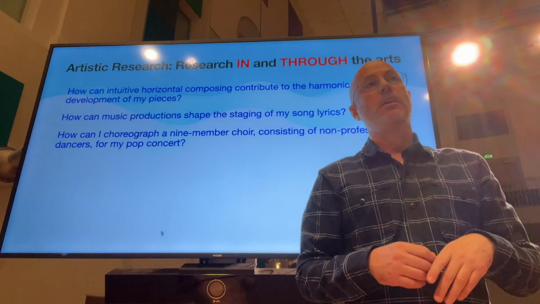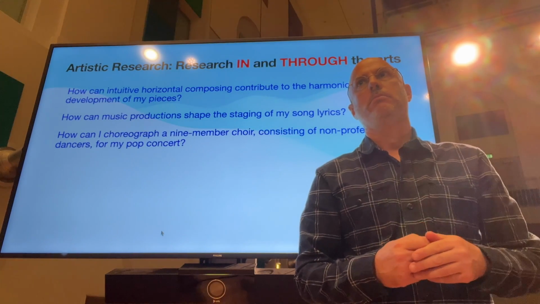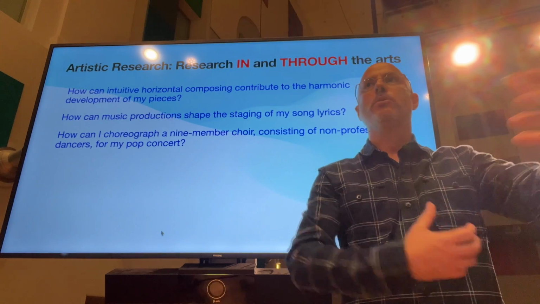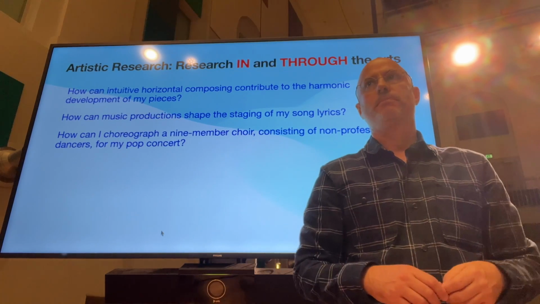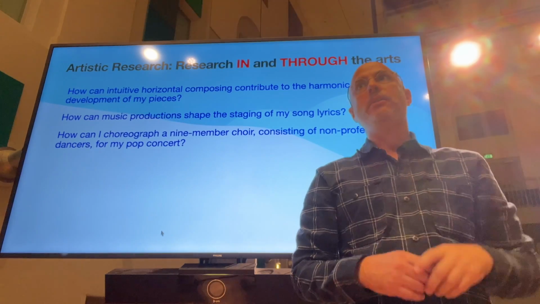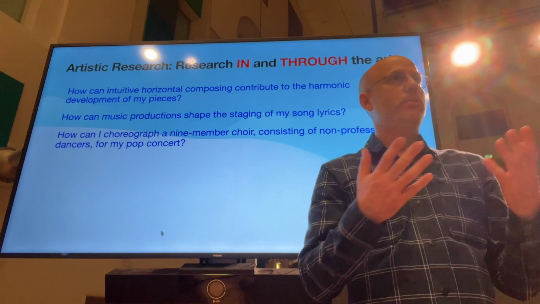You say, well, I really think it's powerful if they're in a circle. So that's an artistic intention. And then you start to explore, how do I do this in a circle? So what you're trying to achieve as an artist becomes woven into this whole process.